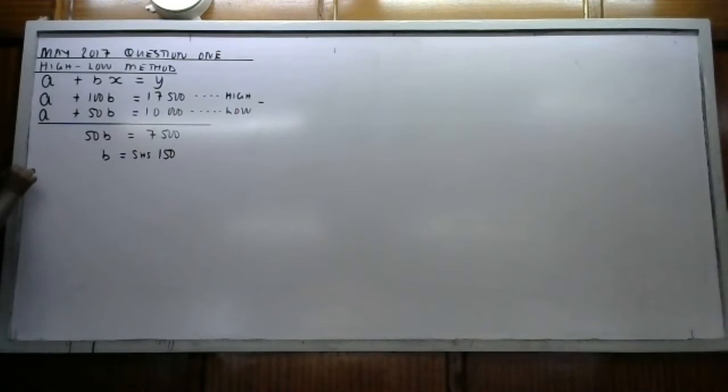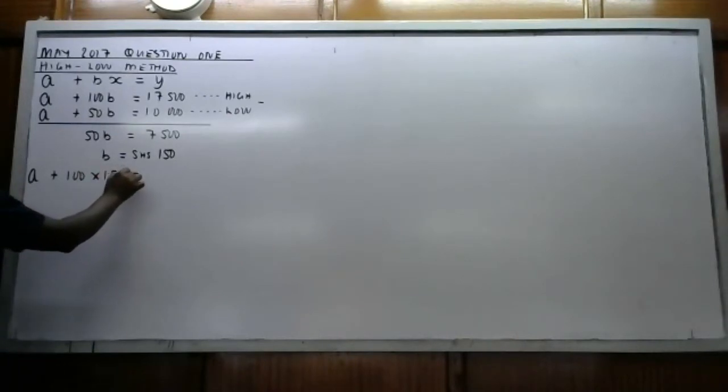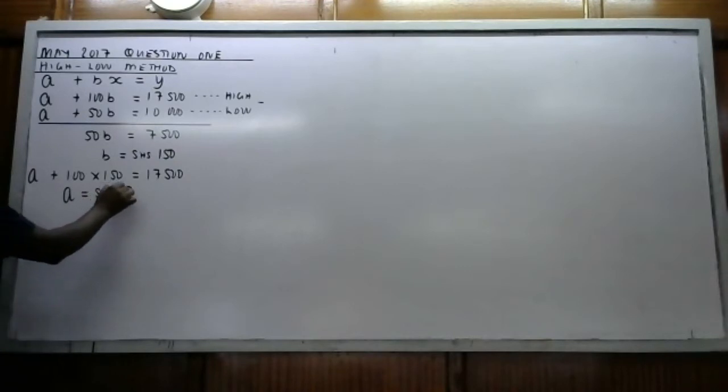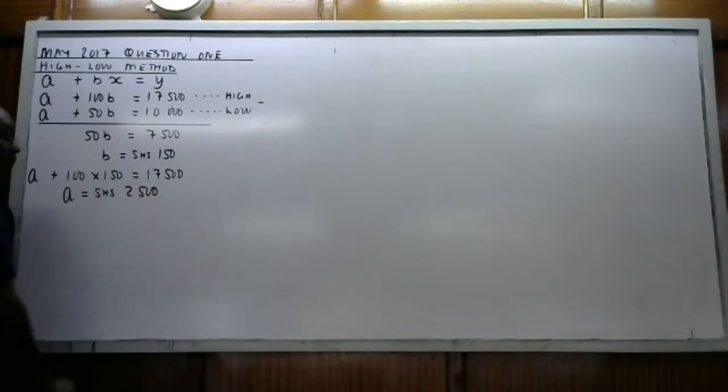Then you proceed and say A plus 100 times 150 is 17,500. So A must be shillings what? 2,500.